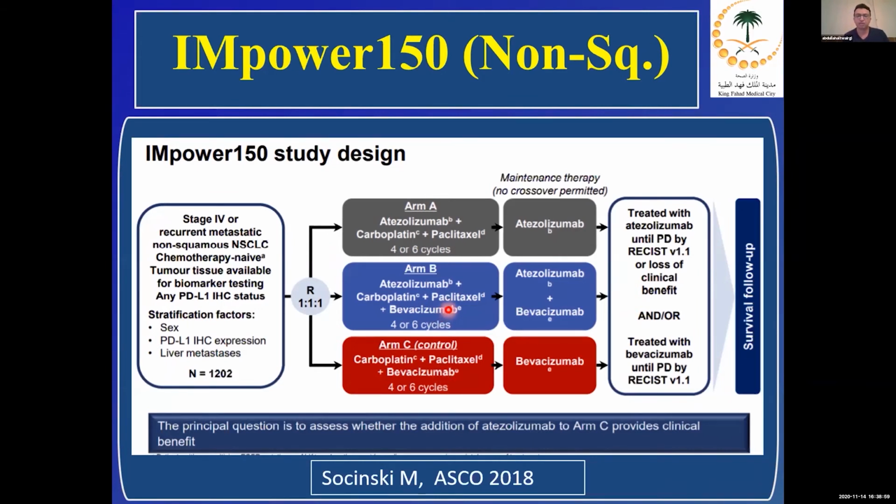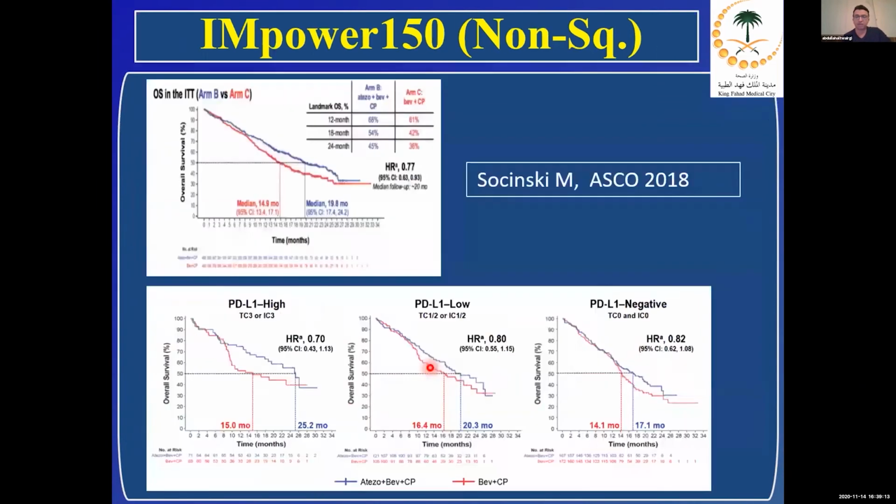So the question with this trial, although it was quite a complex design, is whether a checkpoint inhibitor, atezolizumab, can add to the triplet regimen including chemo, platinum, paclitaxel, as well as bevacizumab. And this trial was positive, showing that if you add atezo to the triplet regimen, you can also gain in survival. That's another option that has been utilized as well as approved for the frontline setting if you are using the chemo-bevacizumab regimen, only for non-squamous histology.